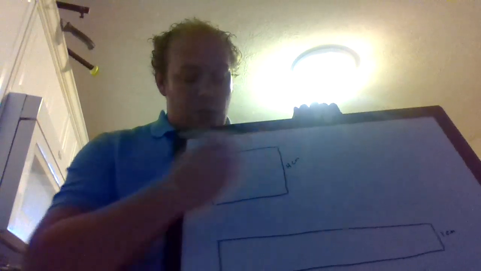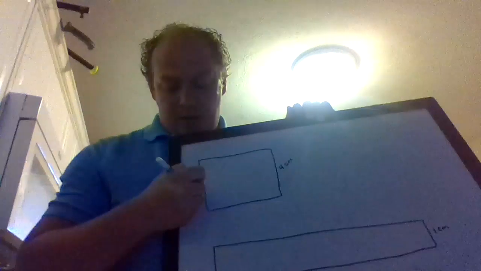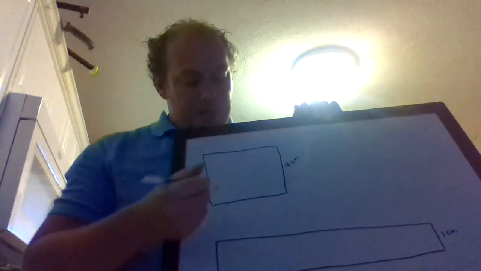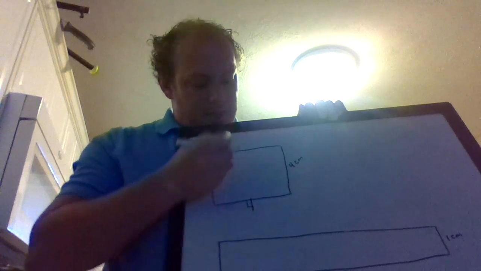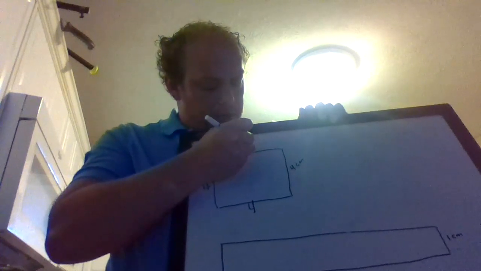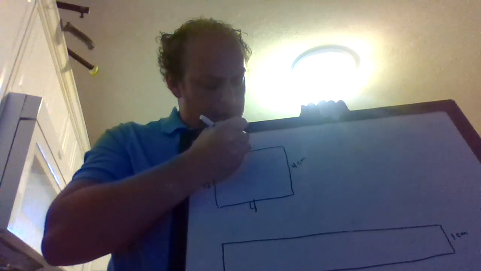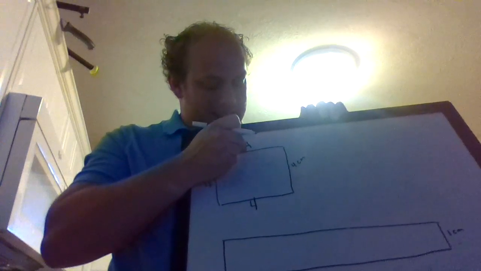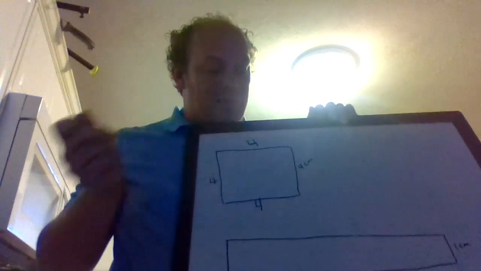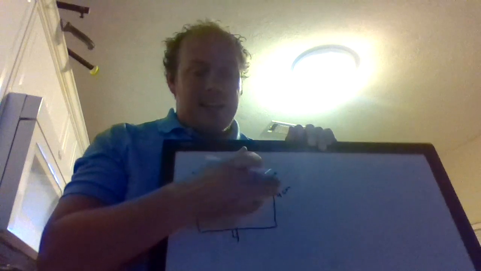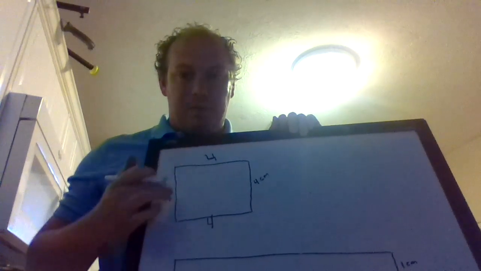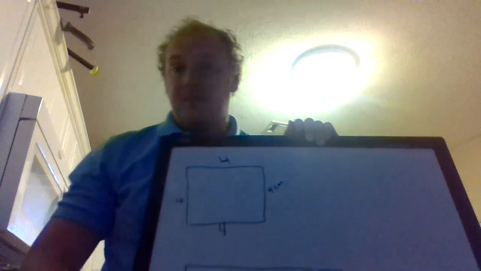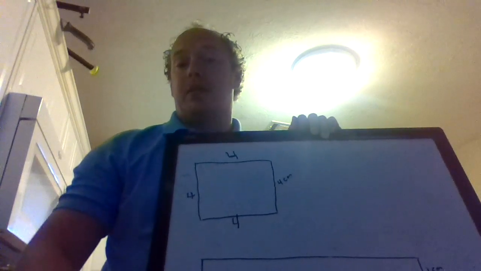So if this side is 4, this side is also 4, and this side is 4, and this side is 4. See, all these sides are even. If one side's 4, we know they're all 4, for a square. We're going to get to other shapes momentarily.